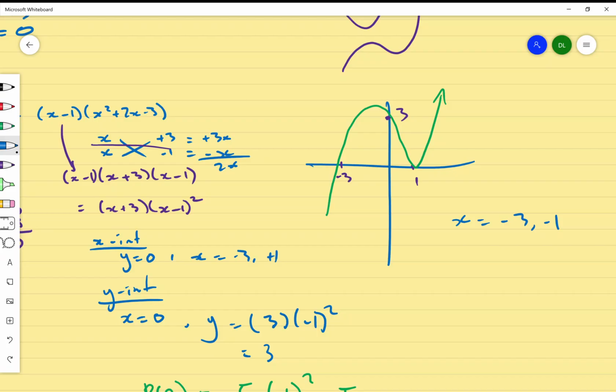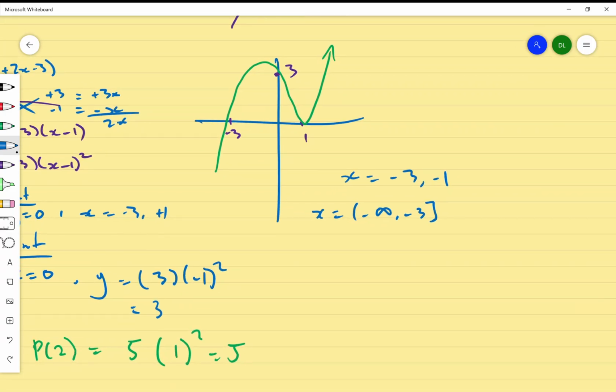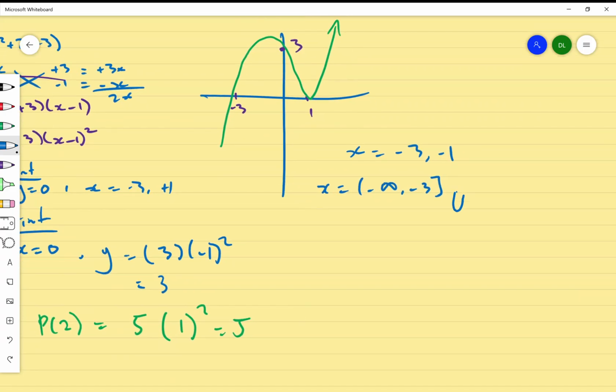Less than negative 3. So I can write as x is equal to, or rather my domain, is equal to negative infinity, and hopefully you guys remember this notation, to negative 3, including negative 3, in union with 1.